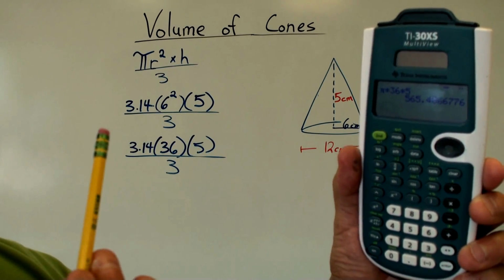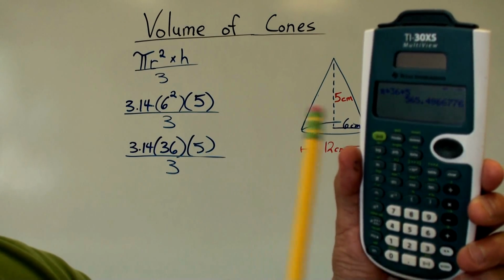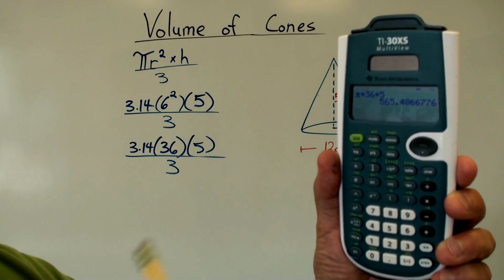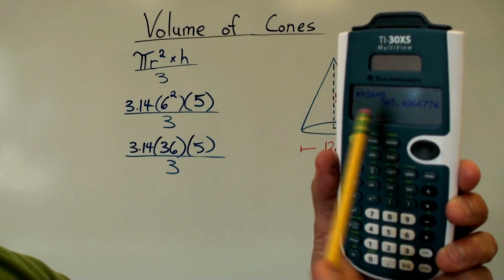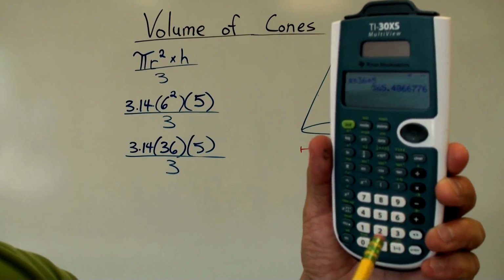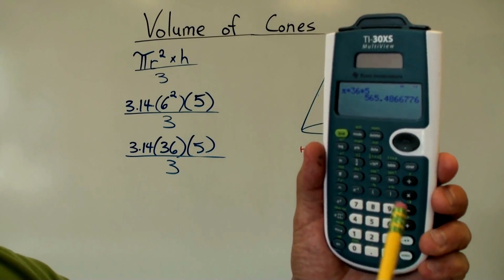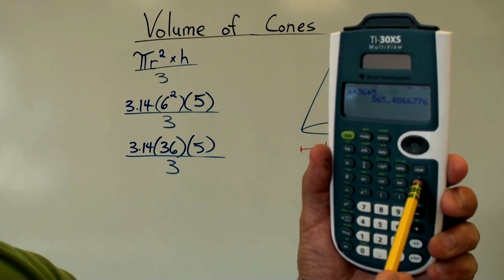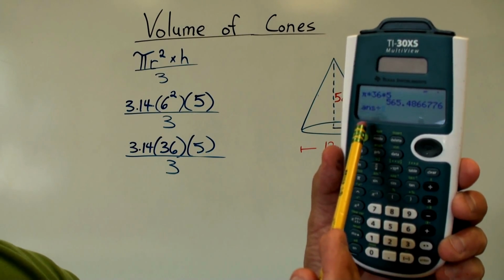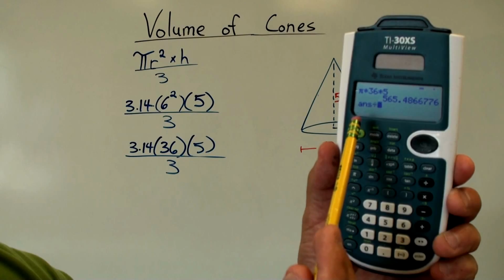Now, because that's my whole numerator, and I am going to approximate, I want to approximate mostly the final answer. I still have to divide, so I think I can just keep that whole number there. Watch this. On this calculator, and pretty much all of them, you just hit divide. Boom. And it throws in that little ANS, right? Answer.